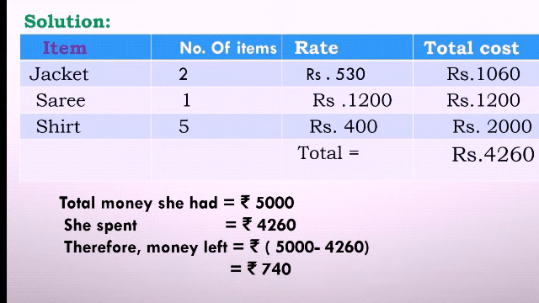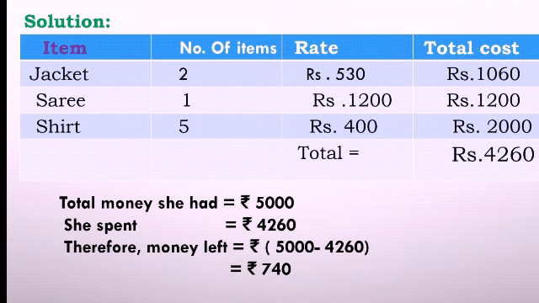So two jackets cost will be 2 into rupees 530. If you want to show the workout, you can show it, no problem, or you can do it in rough. I have done it in rough. What is my answer? Check it. Rupees 1060. I have multiplied 530 rupees by 2.